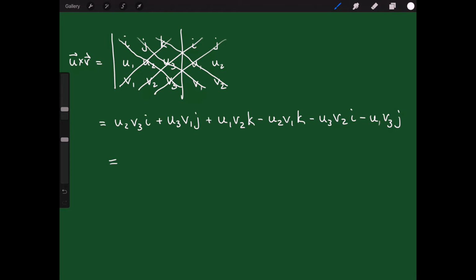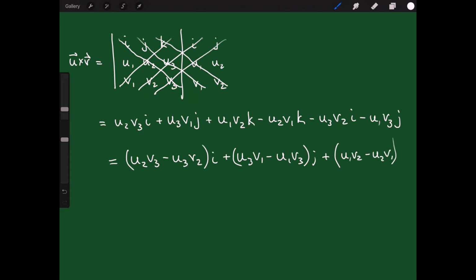Then I get U2 V3 minus U3 V2 I. And then I get plus U3 V1 minus U1 V3 J plus, and then the K's, I get U1 V2 minus U2 V1 K. All right, so that's one way to do it, is just taking these diagonals, 1 diagonal, 2 diagonals, 3 diagonals, 4, 5, 6.